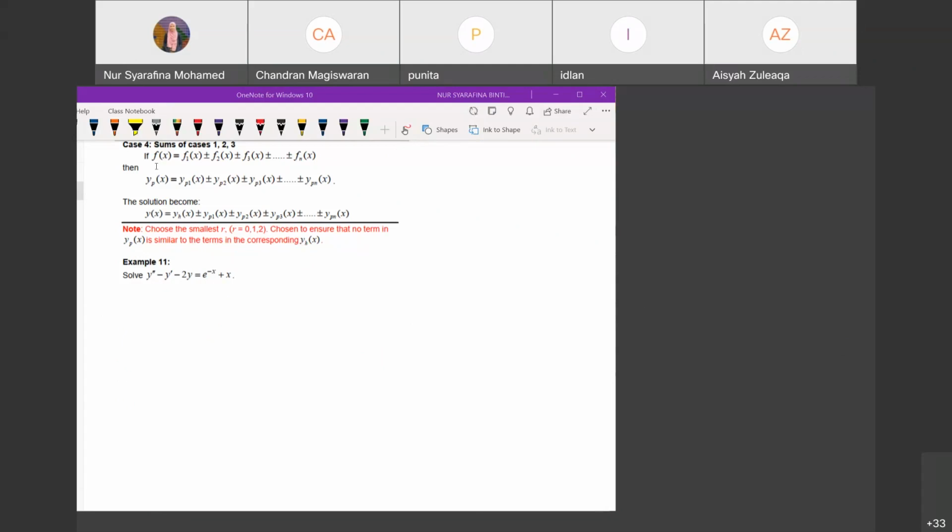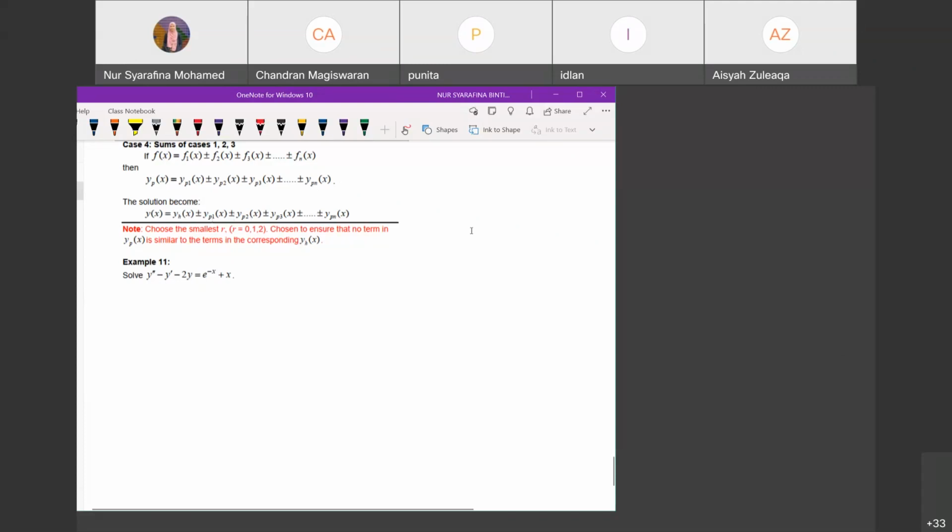Okay, so if the function on the right hand side is a combination of f1, f2, f3, which come from case 1, case 2, or case 3, then your yp is yp1 plus yp2 plus yp3 up until ypn. So the solution becomes yh plus yp1 plus yp2 and so on.